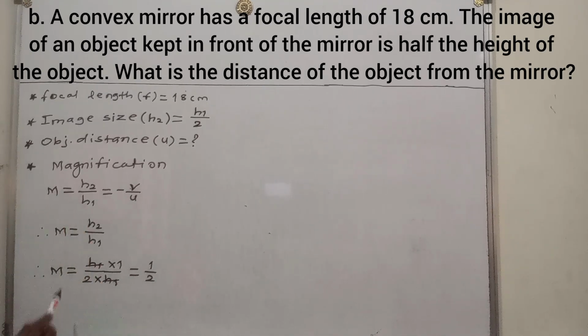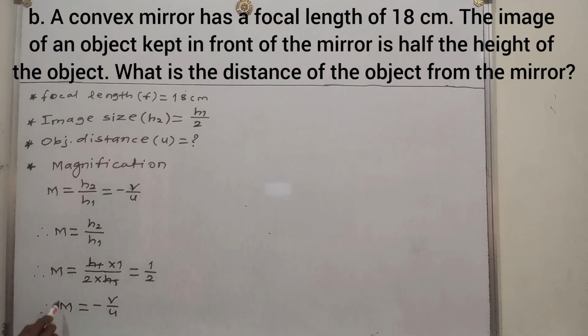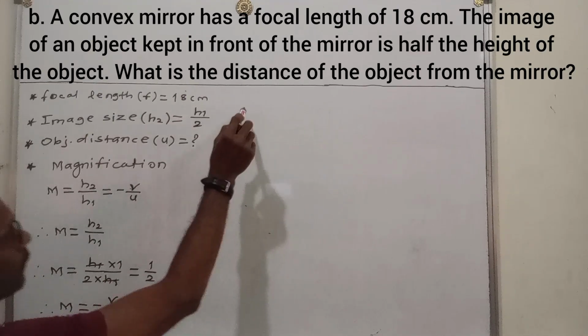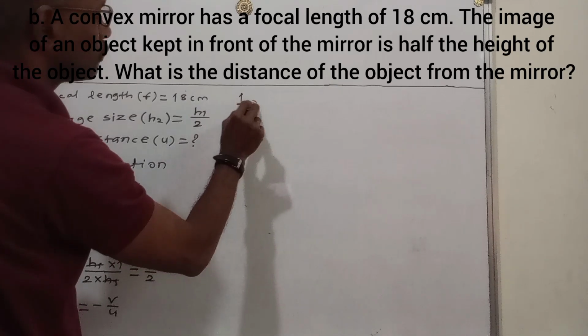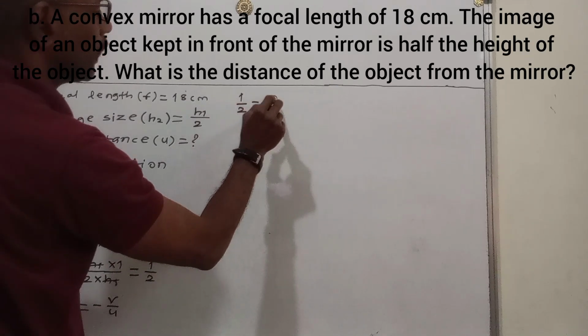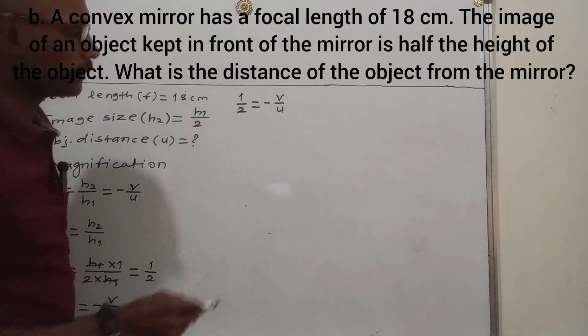Okay, now therefore m is equal to minus V upon U. Then we put the value of m. What is the value of m? 1 upon 2 is equal to minus V upon U. Did you get it?